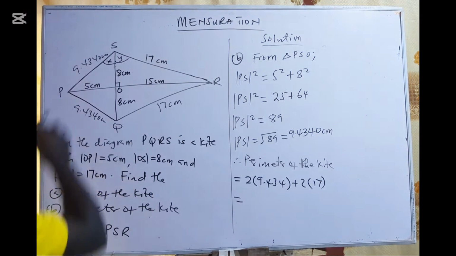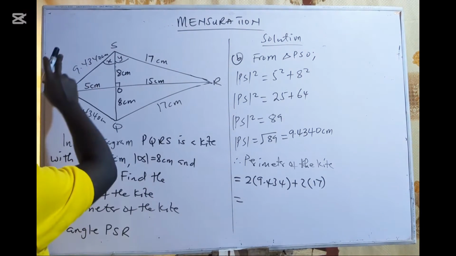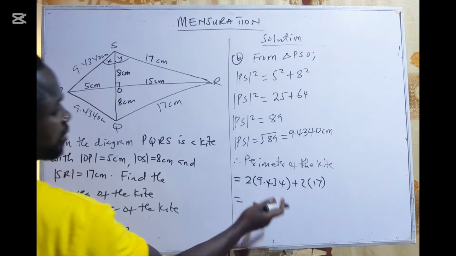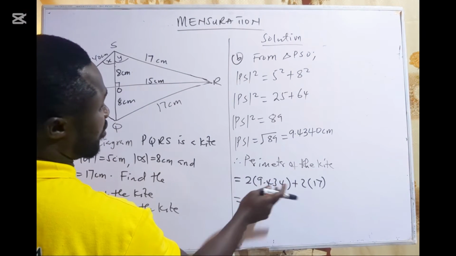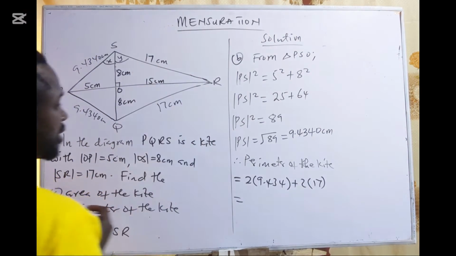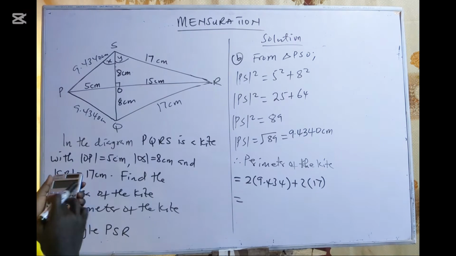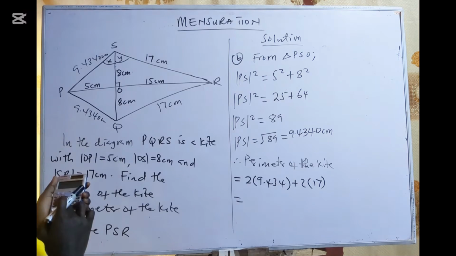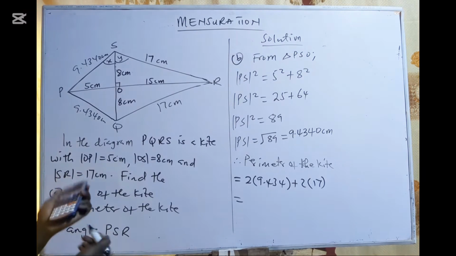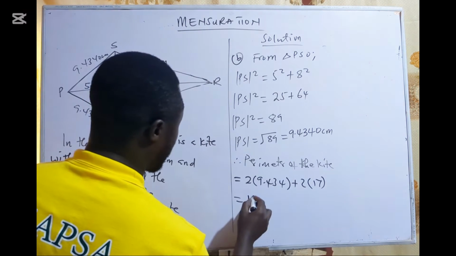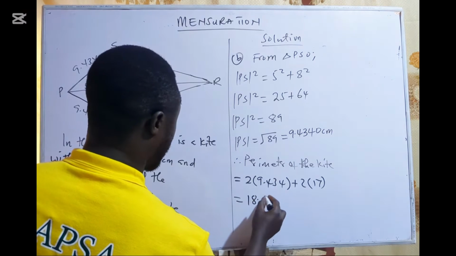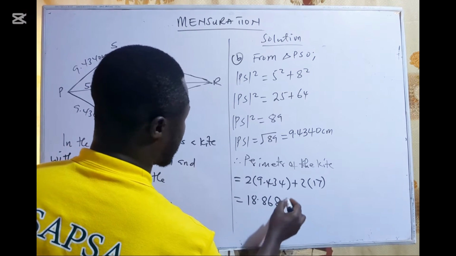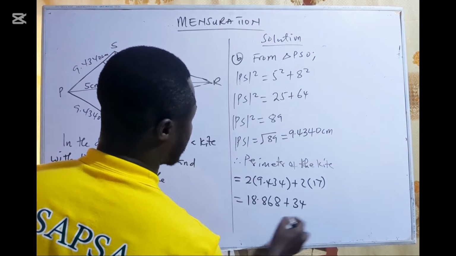So this plus this plus this. 2 times 9.434 will give us 18.868, plus 34.